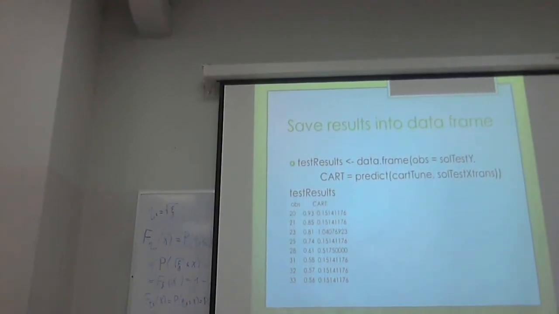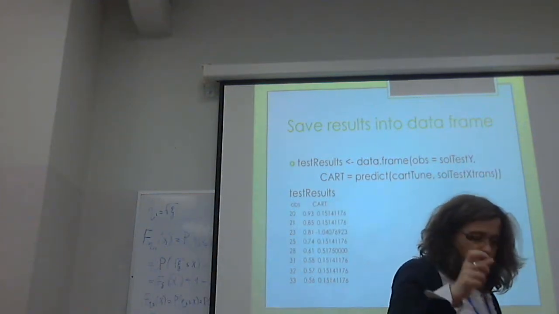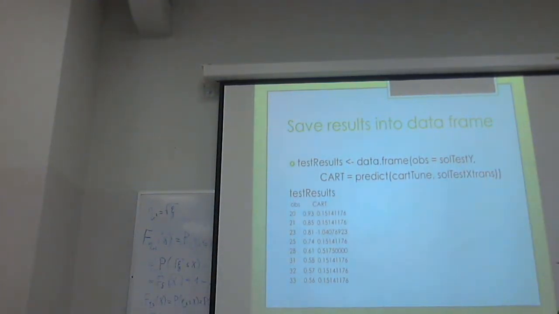You save the result in a vector, then you combine them in a data frame with the columns observed and predicted, named OBS and PRED, and then you do defaultSummary and you see RMSE and R squared.